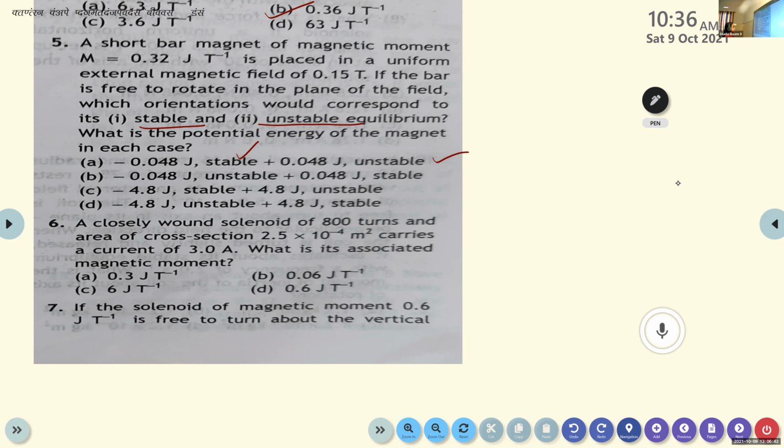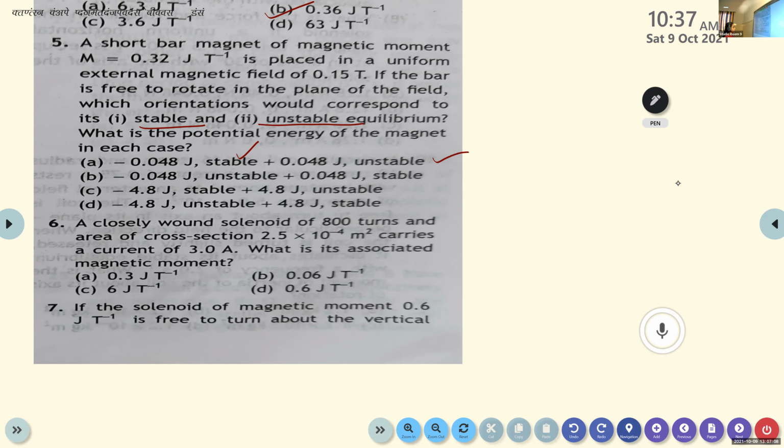What are the parameters given here in the question? Did you copy down the question?